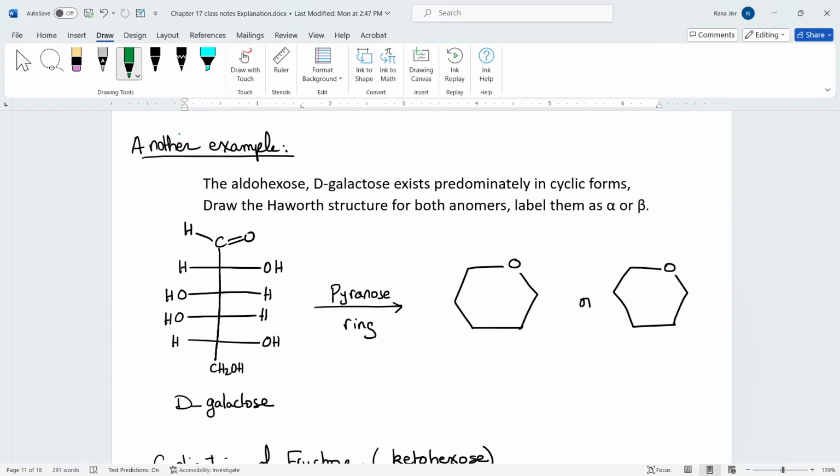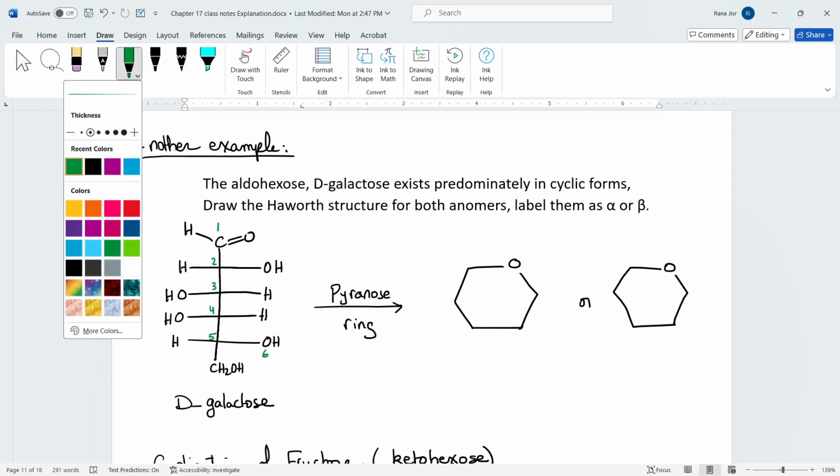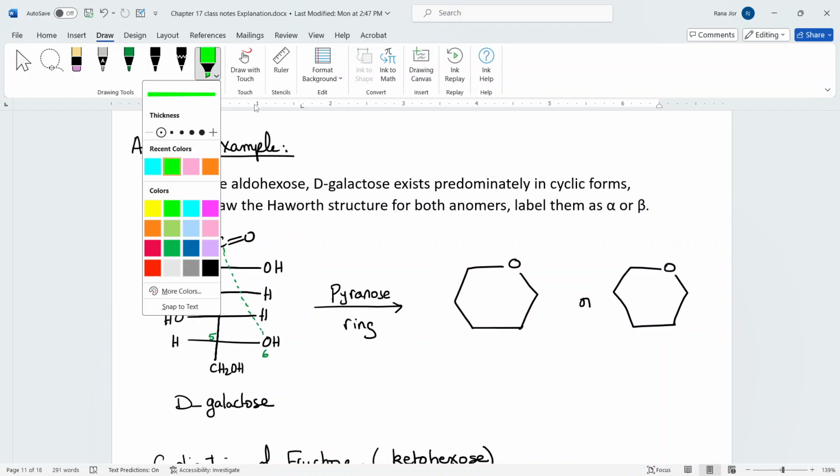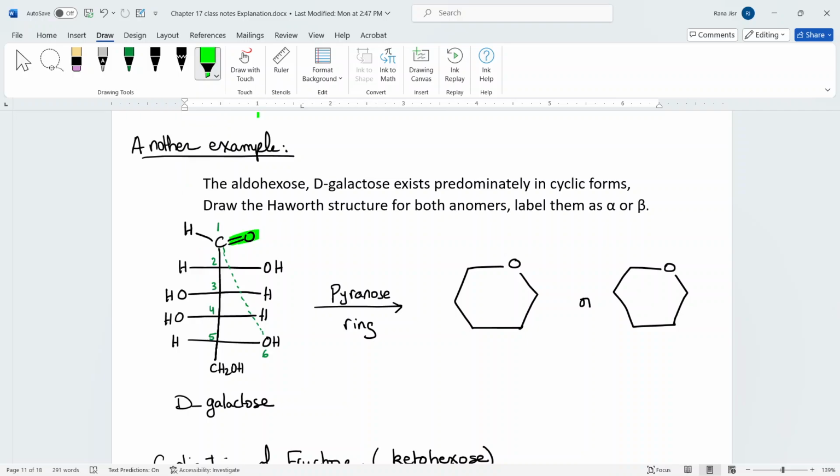So we are going to cyclize this, start numbering your chain. This is 4, this is 5, and the oxygen is going to be 6. We are going to form a bond between carbon 1 and oxygen 6 in there, and then the double bond O in here, we're going to allow this to change into an OH.